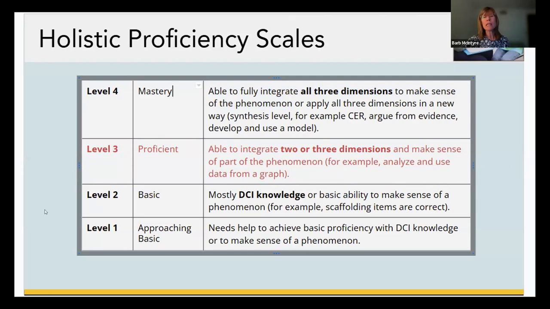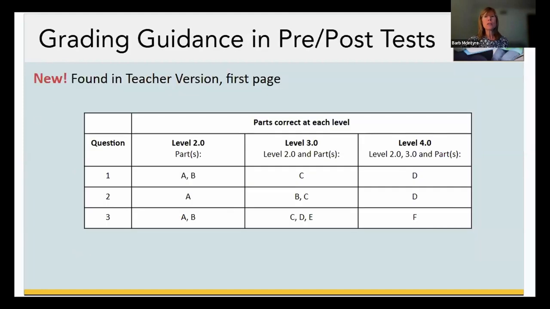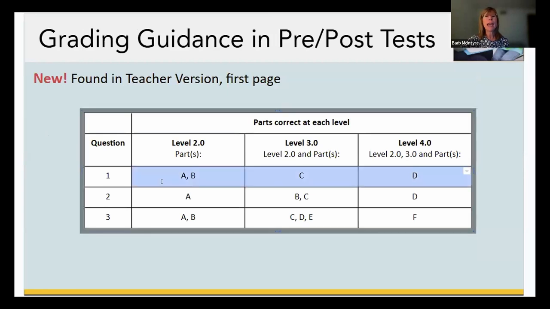Now, if you're using standards-based grading, this is very easy. And we call it a holistic proficiency scale because what we ask you to do is look at your student responses for the entire question. Let's say they get A wrong, but they knock D out of the park. You might say to yourself, well, I'm just going to ding them a little bit.